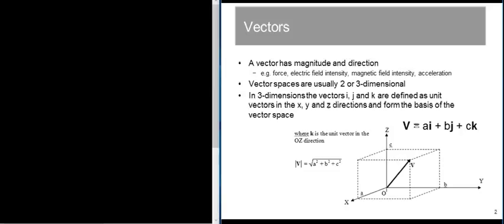So let's have a look at a couple of vectors. We'll define a couple of vectors here and do a couple of sums.